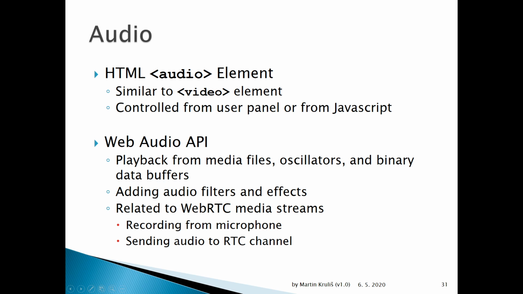I haven't included WebRTC in this lecture; I will cover it in the next lecture. For now, it suffices to say that this is the stuff related to streaming multimedia throughout the internet, so things related, for instance, to video phones over the web browser.